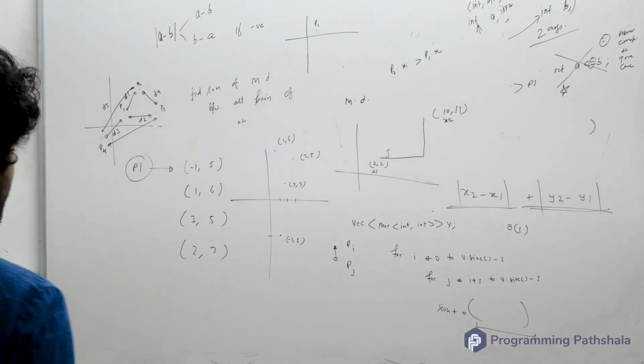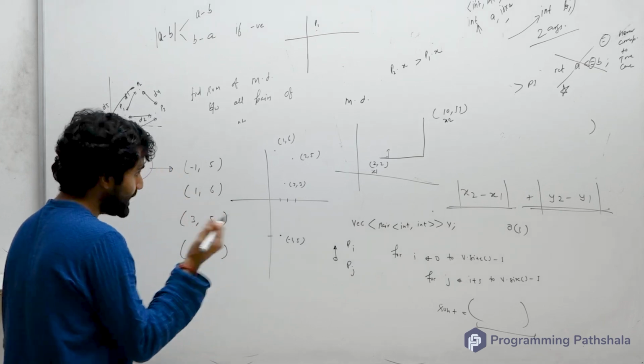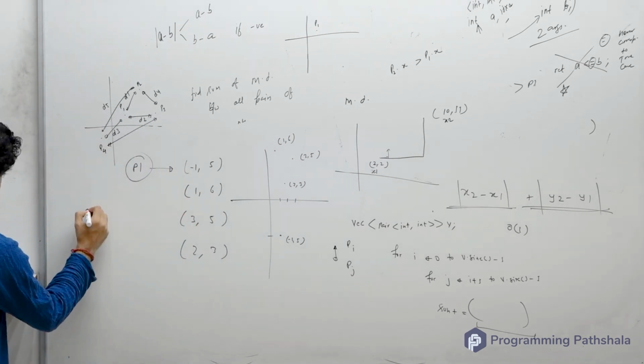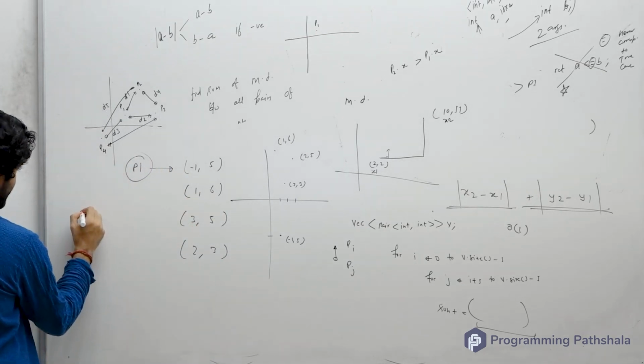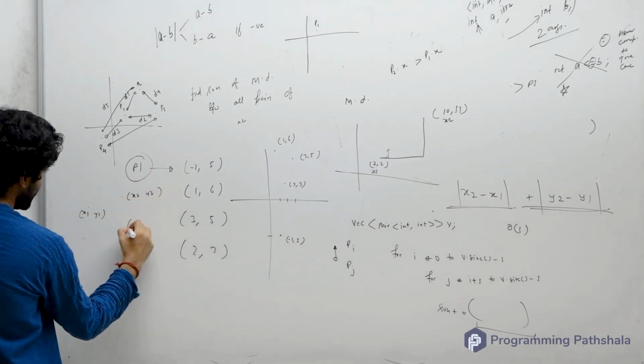Okay. So see, what I was saying was something like this. When you are considering different points, I'll just take 3 points for my example. Let's say x1, y1, x2, y2 and x3, y3.